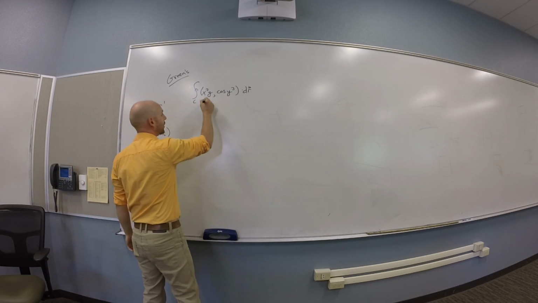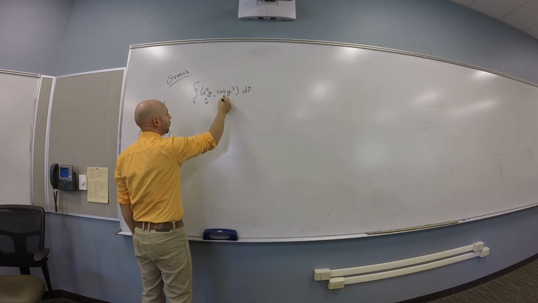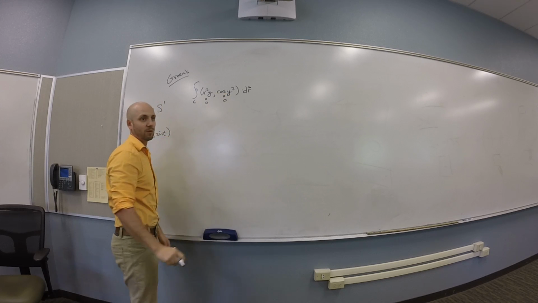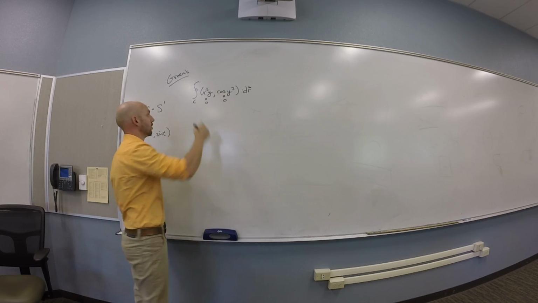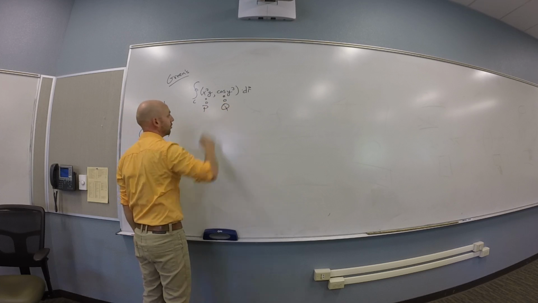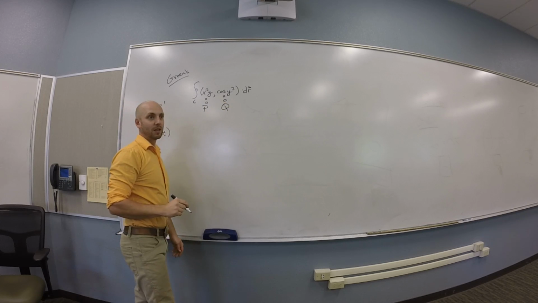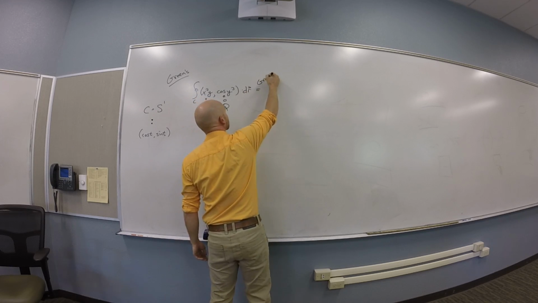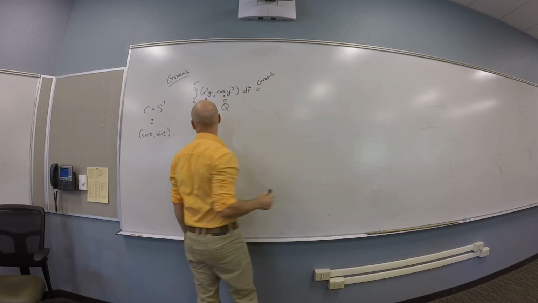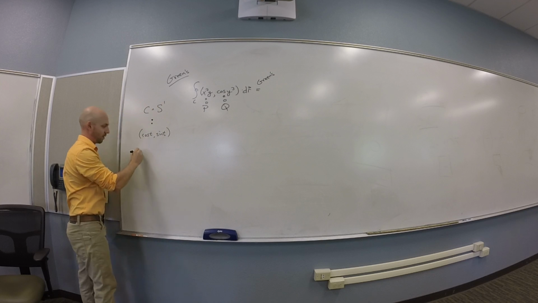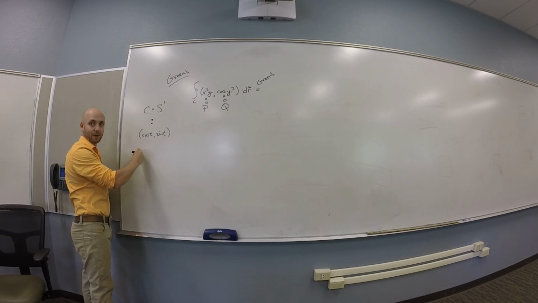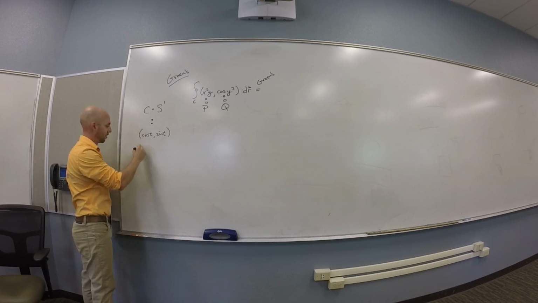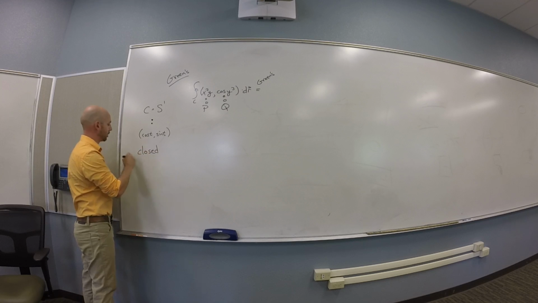So to run Green's, I need to figure out which one of these is P and which one's Q. The first one's P, the second one's Q. And to run Green's, what are the things I need to check about my curve? It needs to be closed.